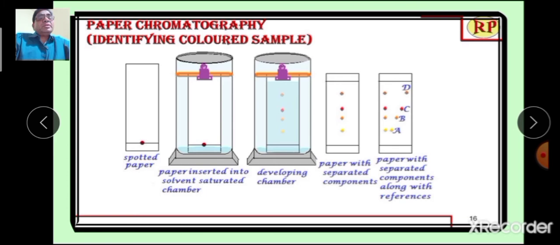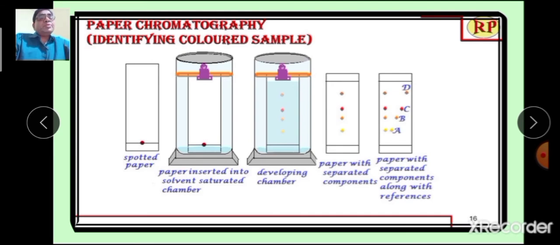Now, after developing the paper with the solvent, the paper is taken out of the solvent and it is dried.